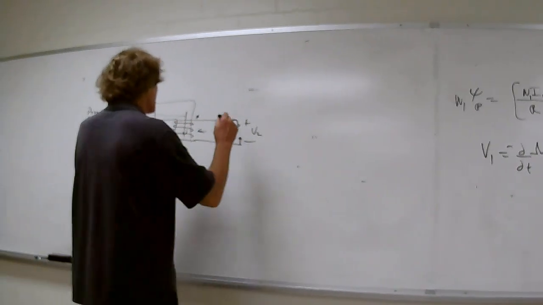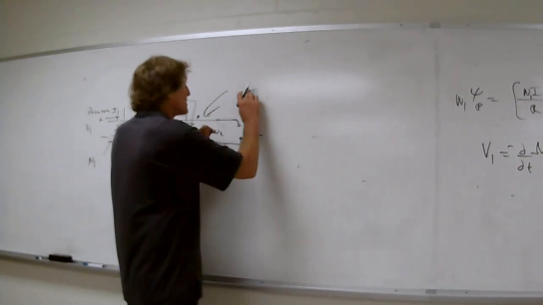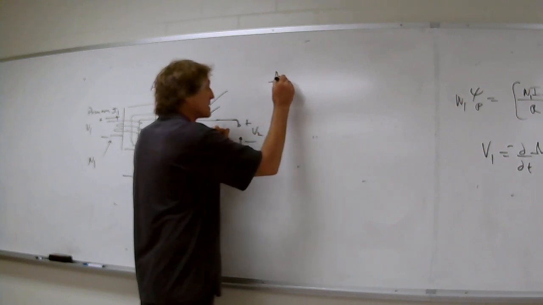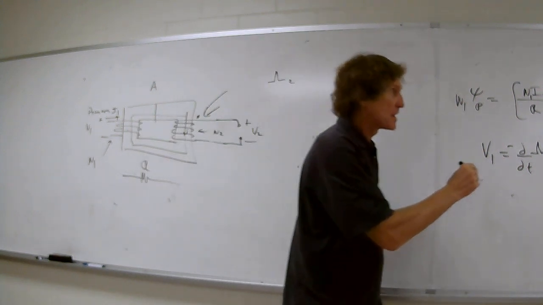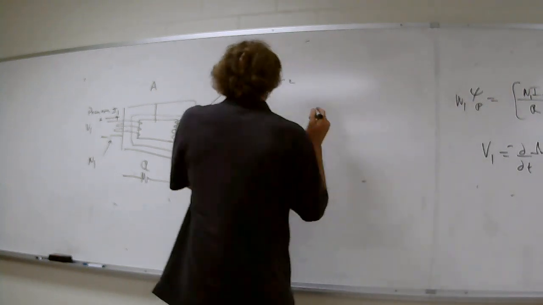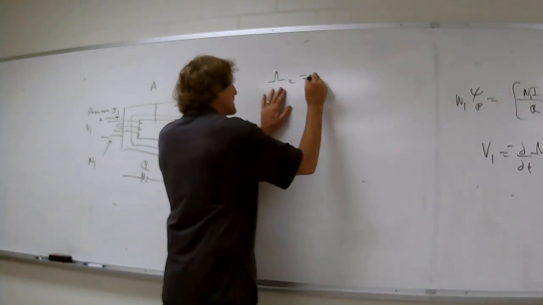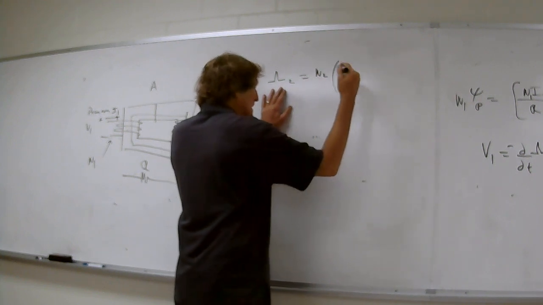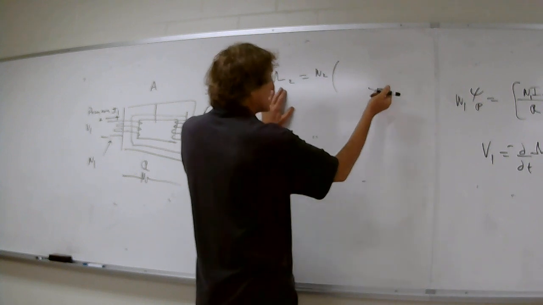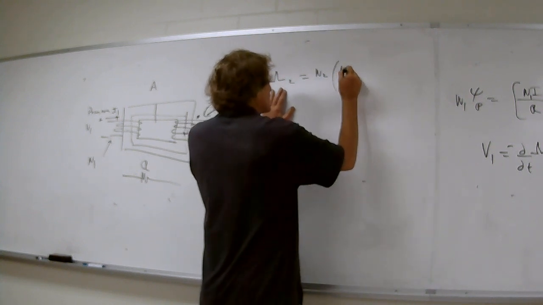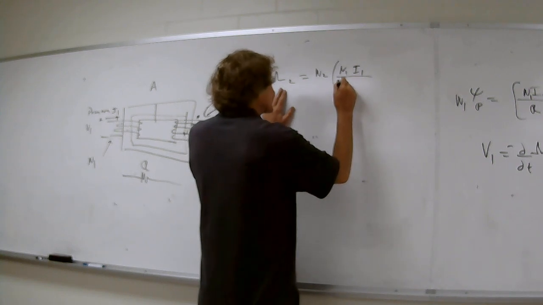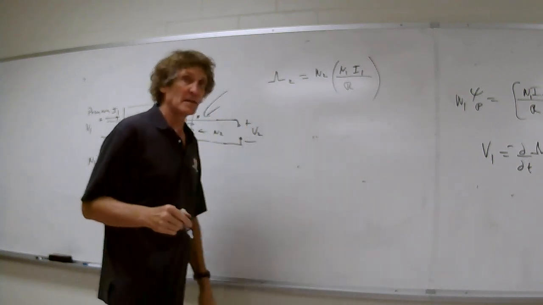So for the secondary circuit here, the total flux linked in the secondary, I'll call that lambda 2, is going to be N2 times the flux per loop, and the flux per loop is going to be equal to N1 I1 divided by the reluctance. Do y'all follow me on how I did that?